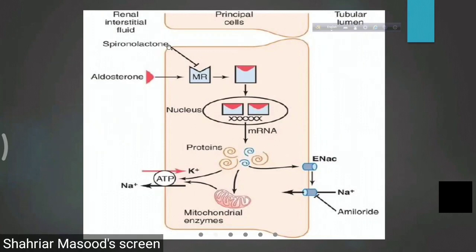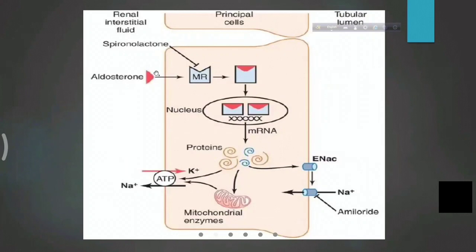Being a steroid, it can directly dissolve through the phospholipid bilayer of the target cell and enter the cytoplasm, where it binds with the mineralocorticoid receptor, forming a hormone receptor complex. The hormone receptor complex then enters the nucleus. In the nucleus, it binds with specific sites on DNA and activates certain gene response elements.